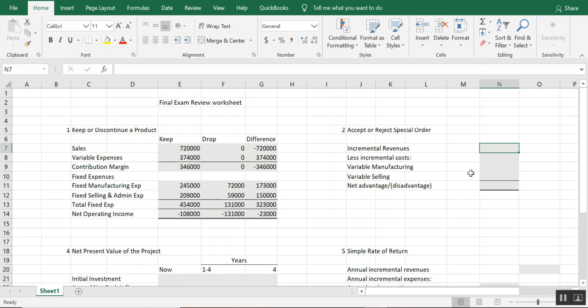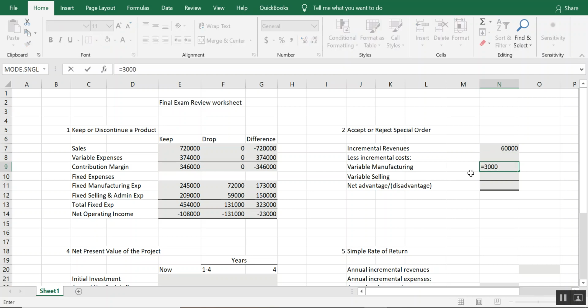Well, in order to do that, we need the incremental revenues for what we're actually going to generate, which will be the 3,000 units times $20, $60,000. Then we have the variable manufacturing cost that we will still have of 3,000 units times 12, 36,000, and the variable selling costs now reduced.